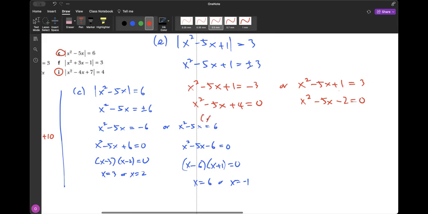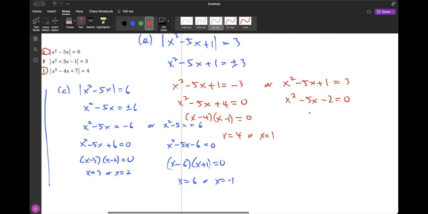So this one, no problem, can be factorized. But this one can be factorized or not? Cannot. If you cannot factorize, what should you do? Use formula, right? Do you know the formula? Yes, correct.